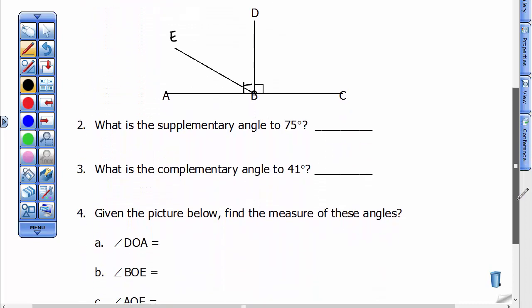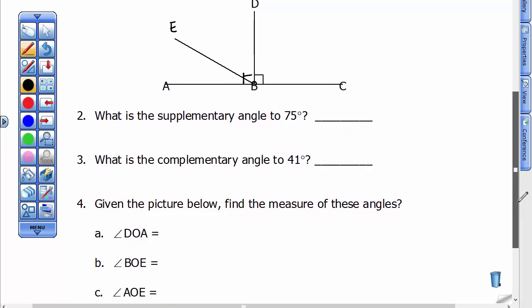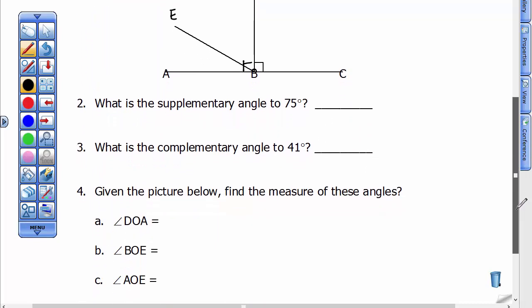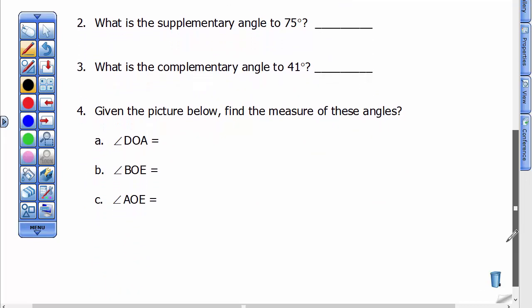Okay, I'm going to ask you what angle is a supplementary angle to a 75-degree angle. I'm sorry, not from the picture. I just want to know, if you have a 75-degree angle, what angle would be supplementary to it? I'm going to attempt to draw a picture of this.